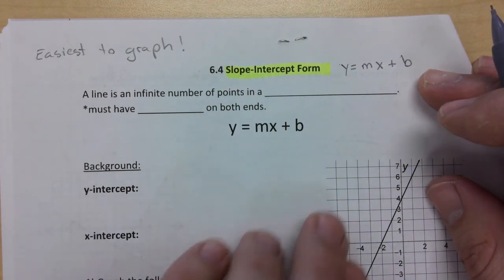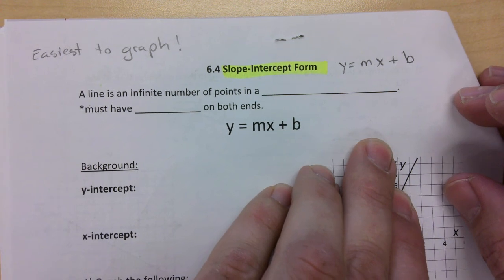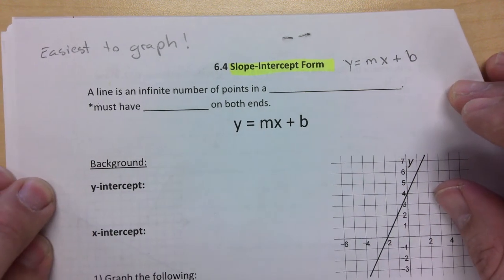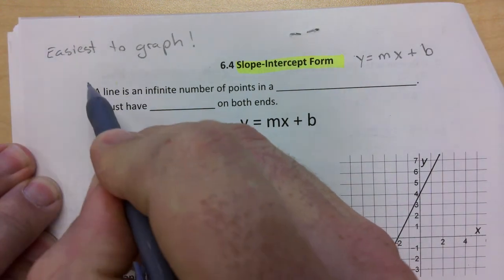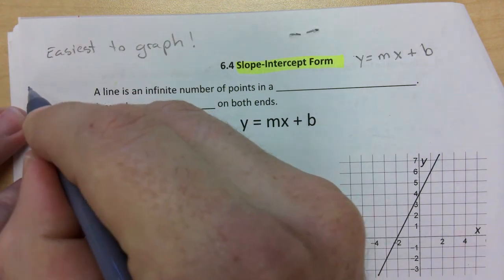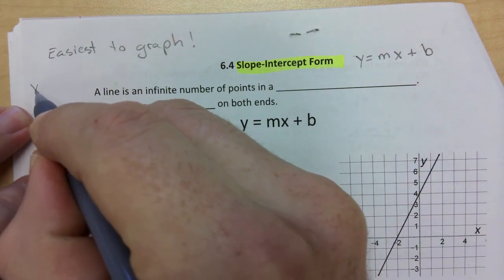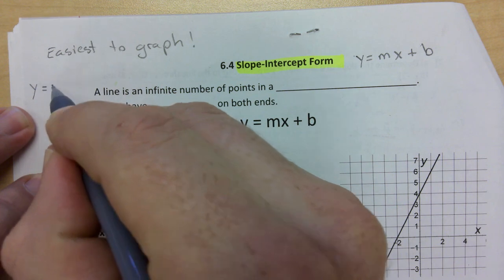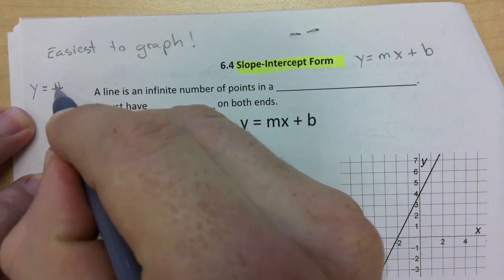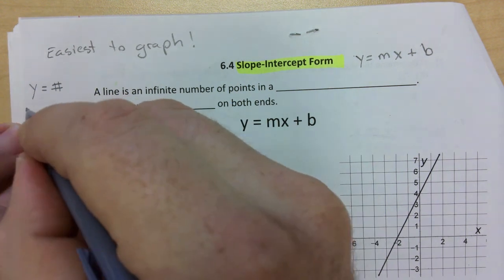And I always like to give a heads up, so I'm going to maybe use this margin here. So if you ever have y is equal to just a number, right? That's a horizontal line.